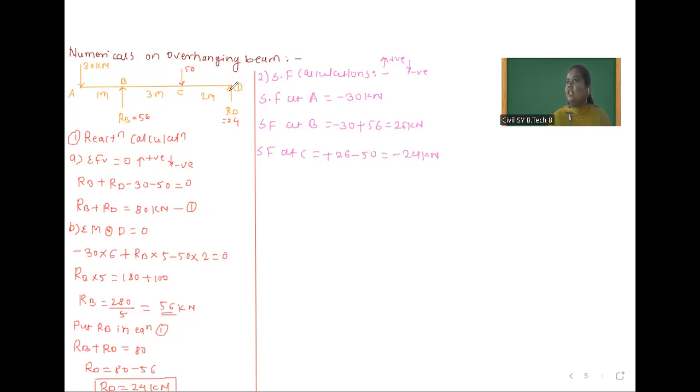Between C to D there is no force, so we calculate at D. Shear force is constant, minus 24, and at D an upward 24 kilonewton force is there, so plus 24 equals 0 kilonewton. These are the shear force calculations.